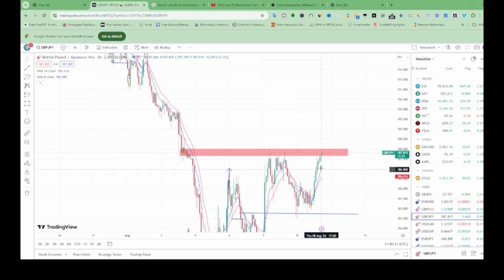Okay, so let me see if I can see any movement so that I can show us how to use that Fibonacci retracement. There's no movement here, because there must be a particular movement before you use it.